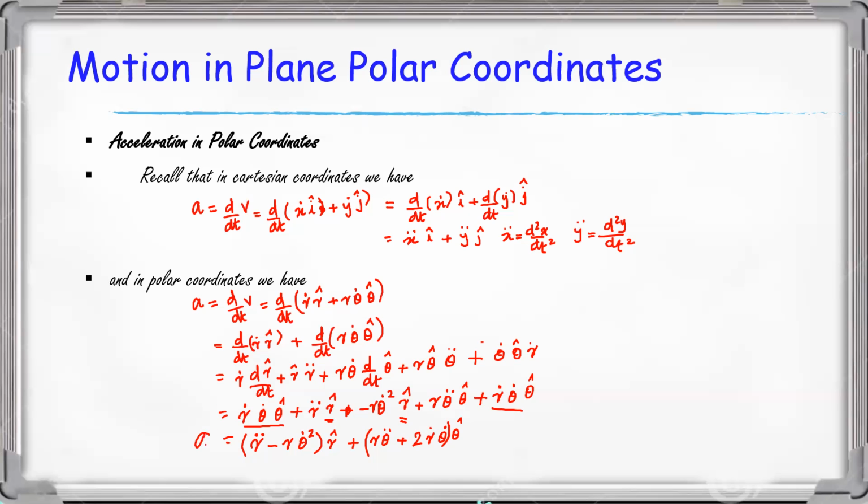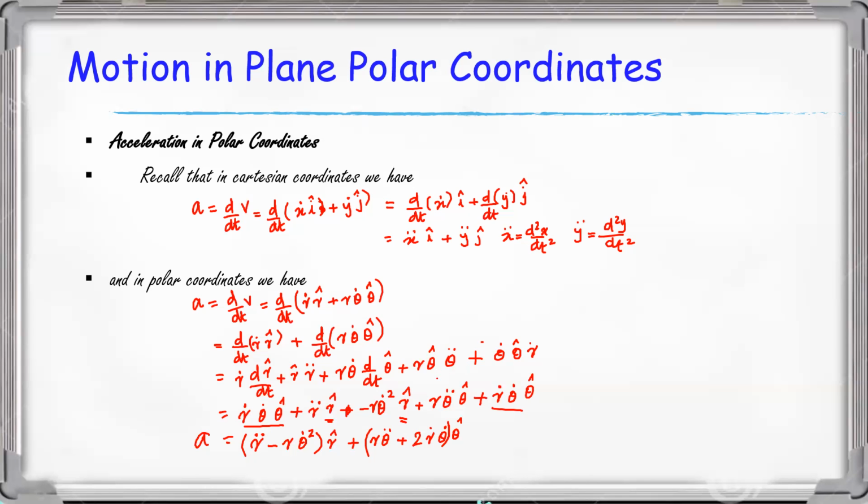So when we look at the expression for the acceleration, we know that there are additional components for the acceleration. The term r double dot r cap is the linear acceleration in the radial direction due to the change in radial speed.